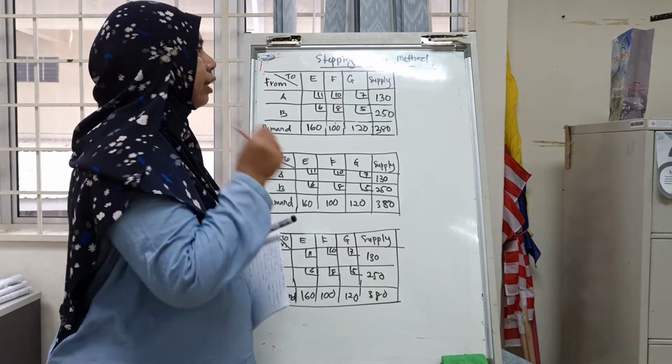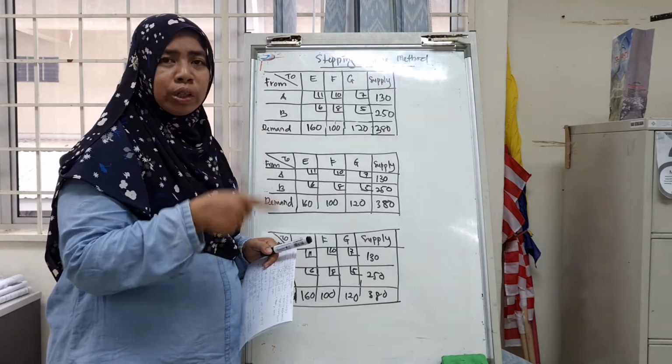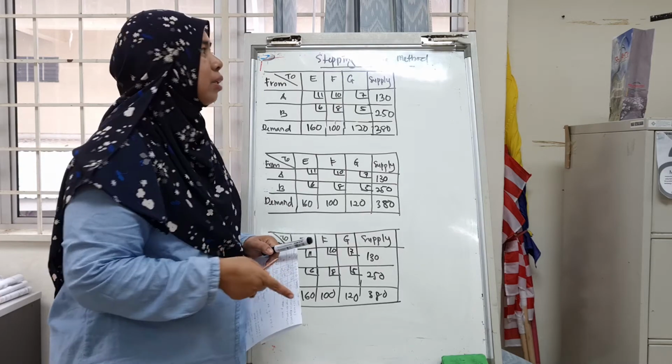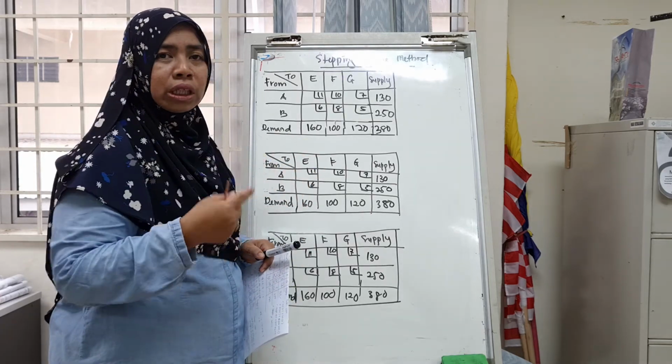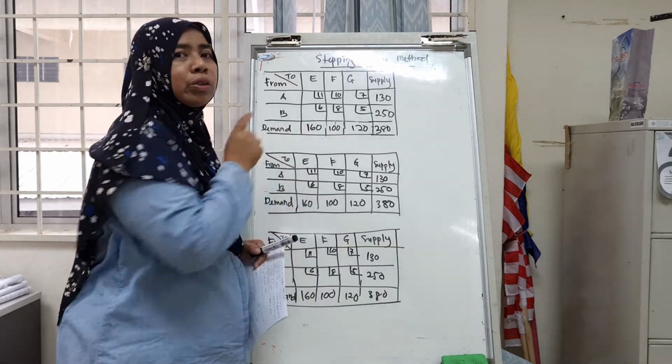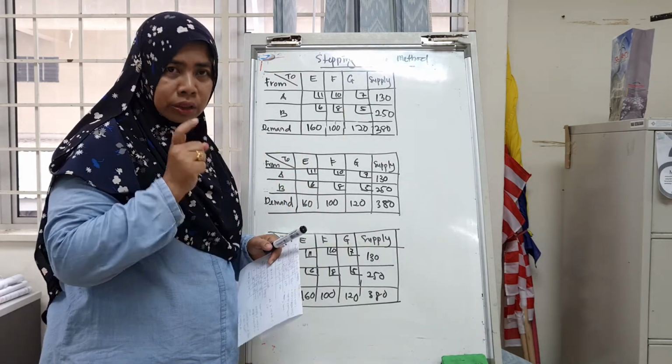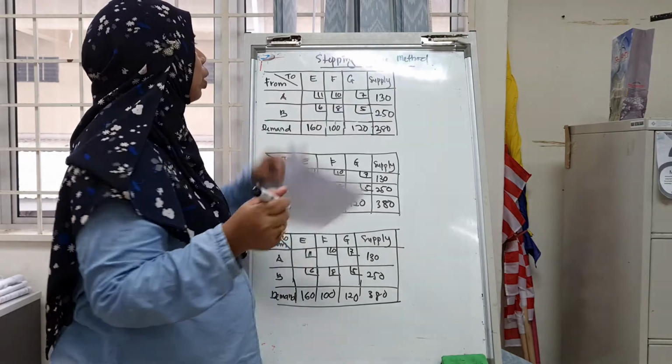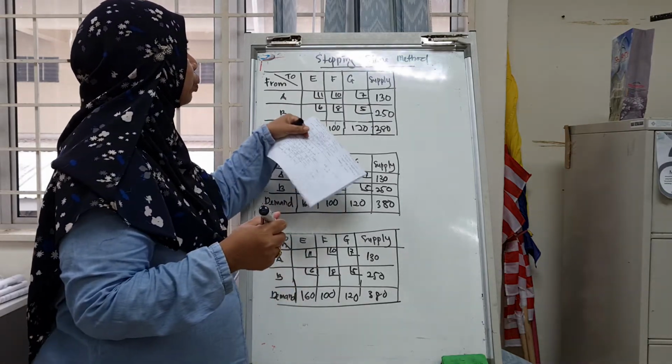If after doing the stepping stone method the total transportation cost is below the initial northwest corner cost, that means your answer is correct. So let's go. We do the northwest corner rule first.